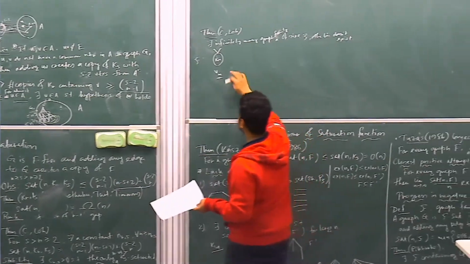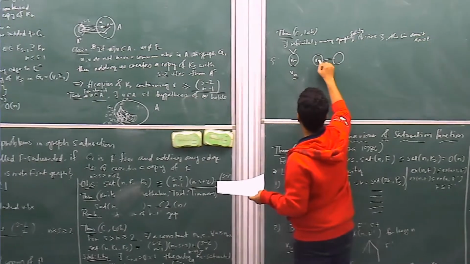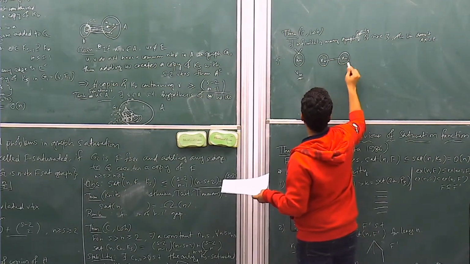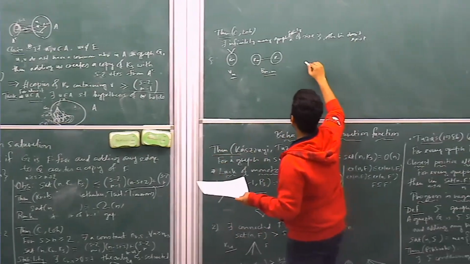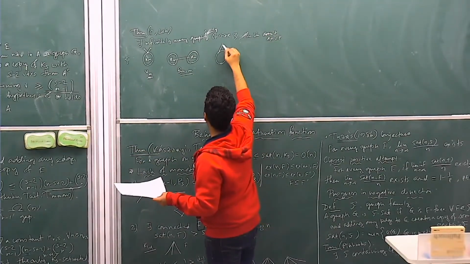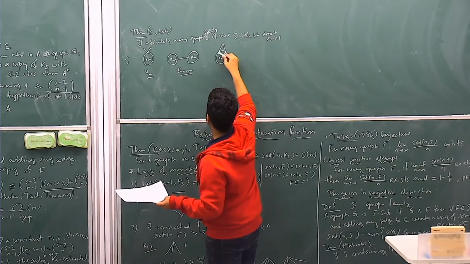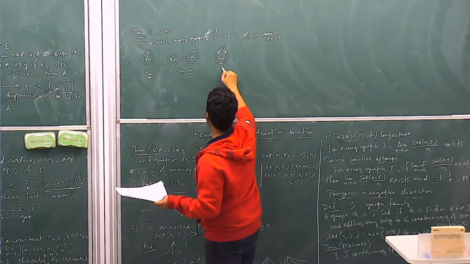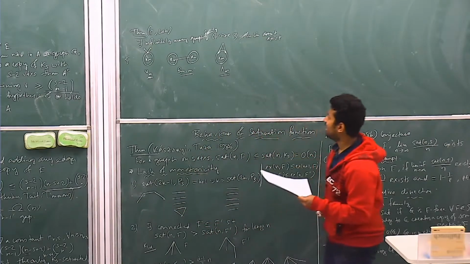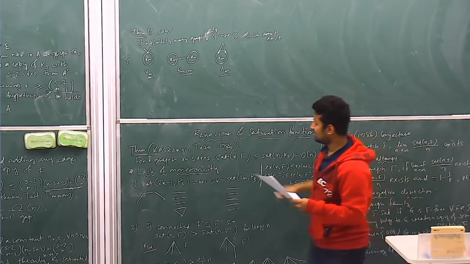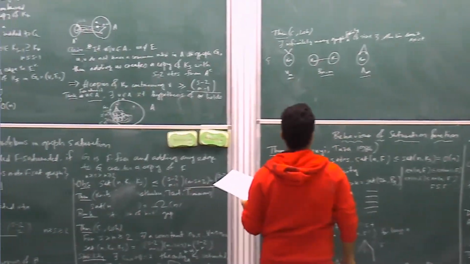That's the first graph. The second graph looks like a dumbbell. You have this K_m and another K_m. And the third graph looks like the following. This is the K_m, and you have two vertices which have some outside neighbor, and let's name it lambda_m. Okay. But for this family, basically the limit doesn't exist, and let me quickly sketch why that is the case.